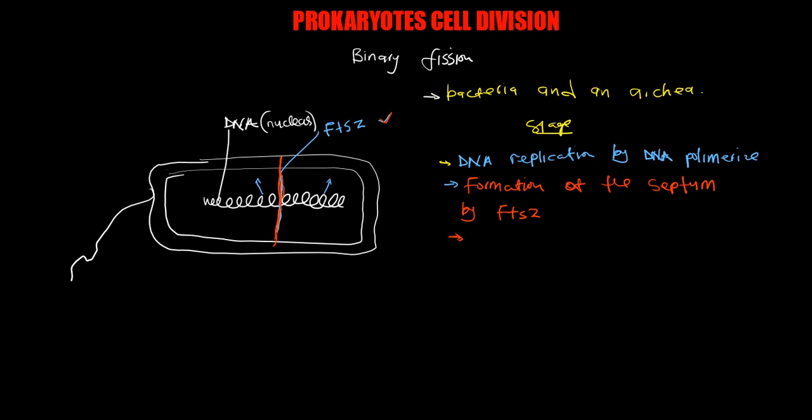After the septum is formed by the use of FtsZ, the replication is going to occur. This replication is the replication of the cell wall specifically. So replication of the cell wall will occur.